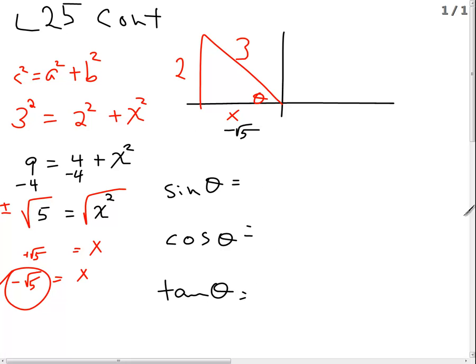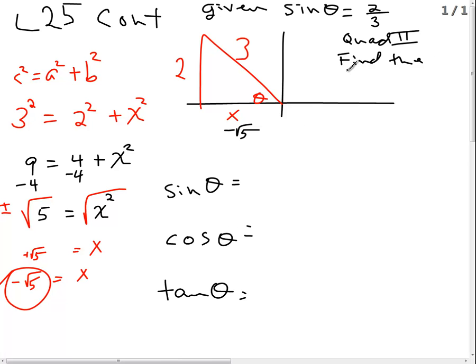We said earlier that we were given that sine theta is 2 over 3 in quadrant 2, and we had to find the other trig functions. Well, we already know sine is 2 over 3. Now cosine, what ratio is cosine in terms of opposite, adjacent, hypotenuse? Travis?